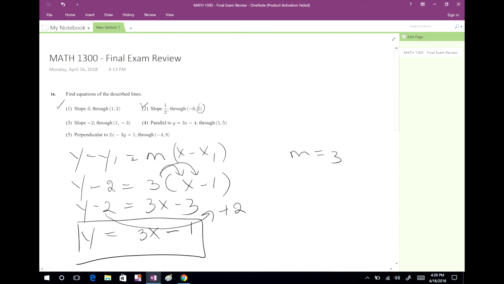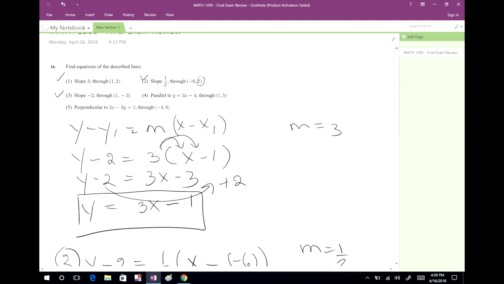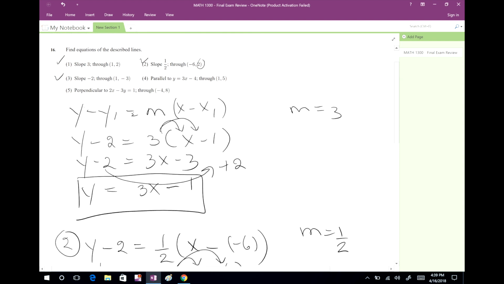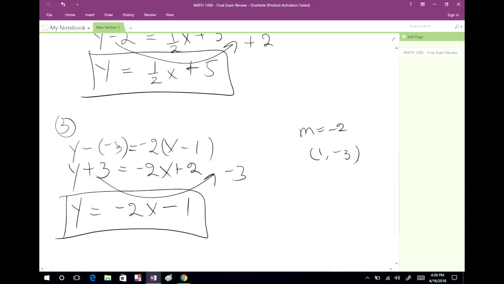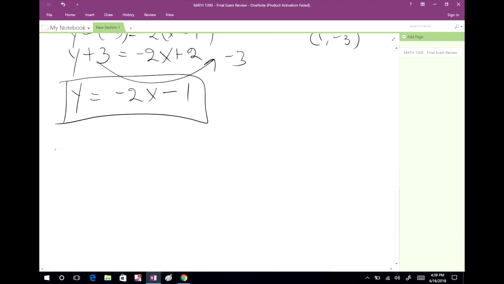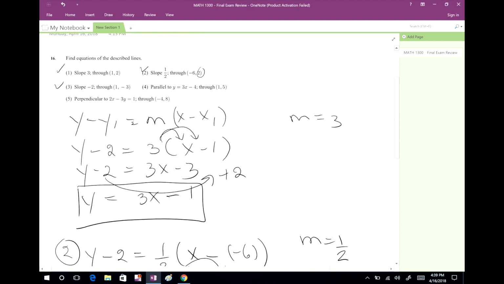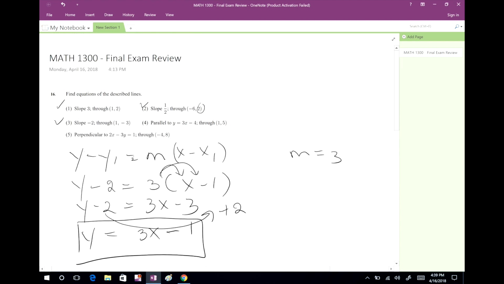Number 4. Now this one's slightly different. It says find the equation of a line parallel to y equals 3x minus 4, and our point is 1, 5.